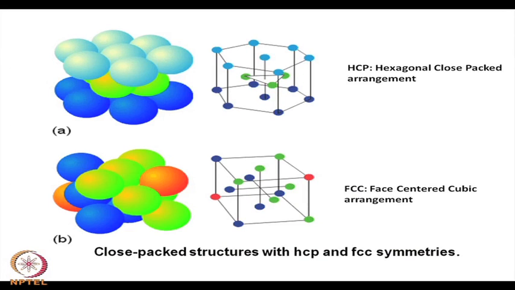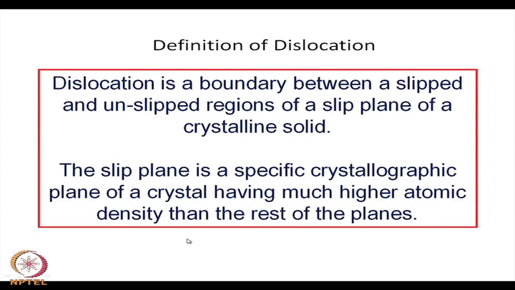It may not be a fully close packed plane, but even in an open structure, the highest atomic density plane can be called a slip plane, because that is the plane on which the minimum distance has to be travelled for the movement to take place. So, that is our concept of the slip plane, as you have discussed earlier.